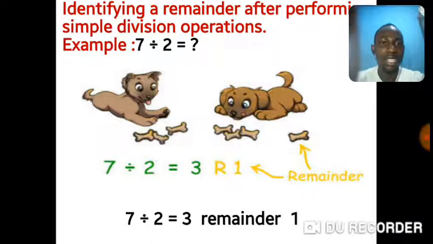That is what we did with 7 divided by 2. 3 each given to the 2 dogs, and 1 is left. The 1 left is the remainder. Very well.